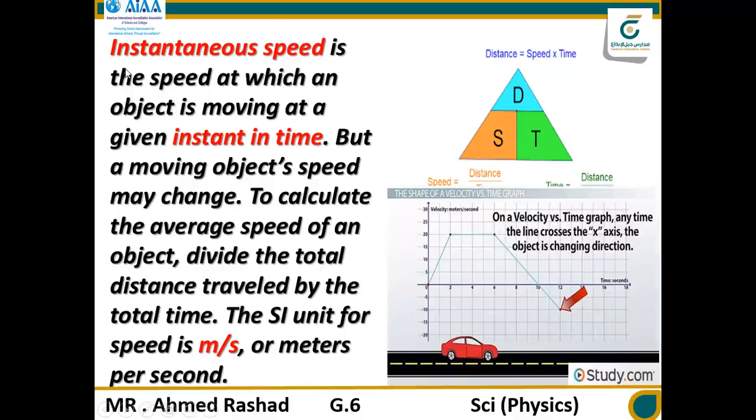Again, the SI unit for speed is meters per second, or m per s. Excellent.